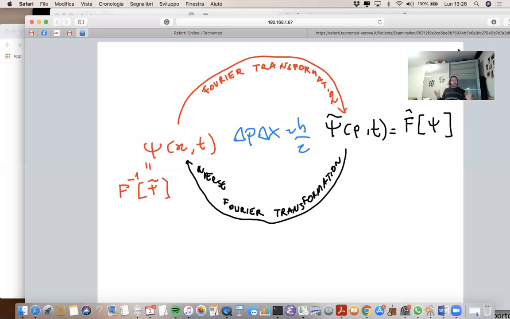Whether you're able to solve that integral analytically or you need computer codes and subroutines to do that, that's an entirely different question. Most of the time, you have to use computers to do that integral. But in principle, it's there, it's well-defined, it has all the properties that you would like. So why are we postulating this relationship, this circle, through the Fourier transformation?